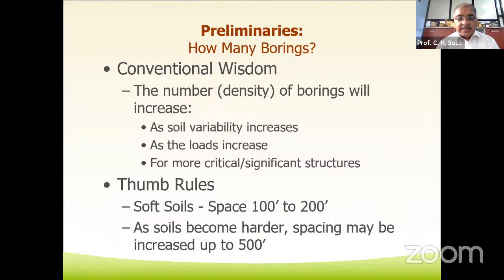Whereas the thumb rule says that when dealing with soft soils, the spacing between the bores may be 100 feet to 200 feet, whereas as the soil becomes harder, the spacing increases up to 500 feet. This indicates that when dealing with weak deposits, you may have to go for more borings compared to hard soils.